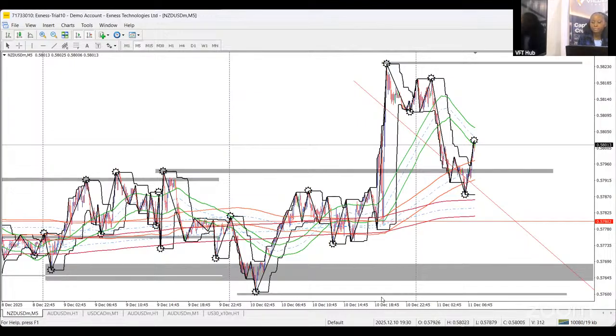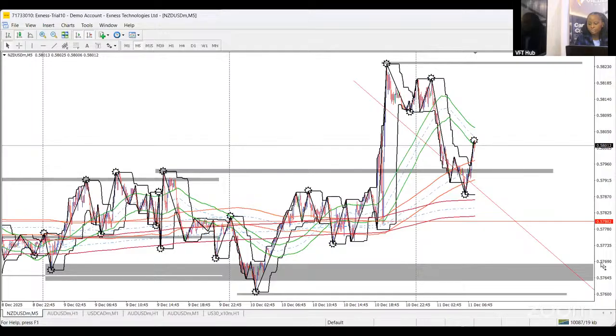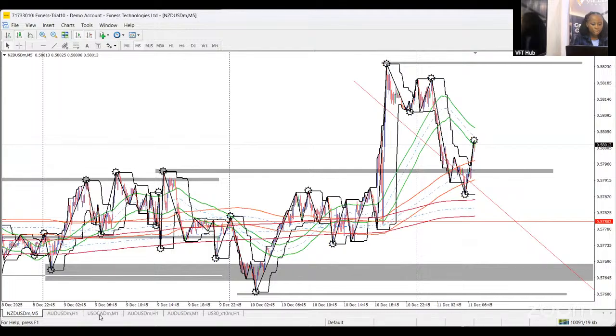Okay, so these are now the points of interest we're watching out for on NZD USD: 0.58230. The second one is between 0.57960 and 0.57915. And then the third also between this and this one. So we're watching to see what NZD USD does.